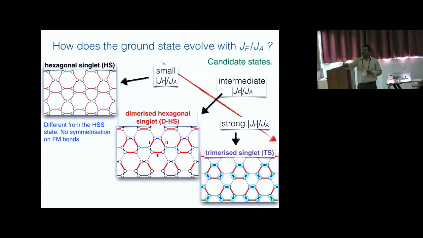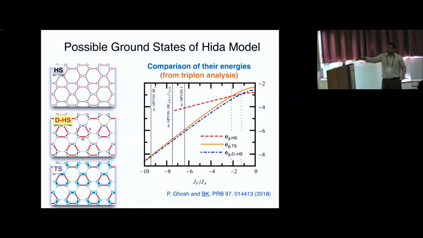This says that, in fact, as you increase the coupling, all that you have to do is, dimerization is already there, all you have to do is form the spin pairs into spin-1 pairs. So the trimerized singlet state, viewing it from the Hida model perspective, is nothing but an adiabatically continued dimerized hexagonal singlet state.